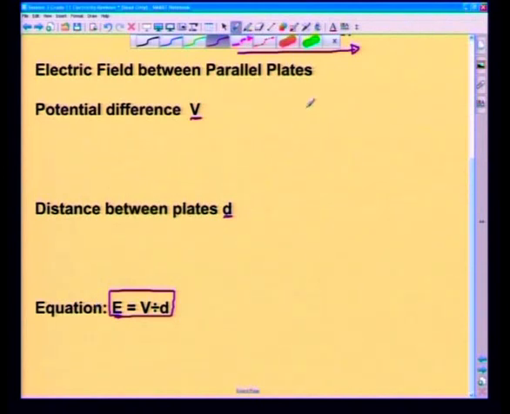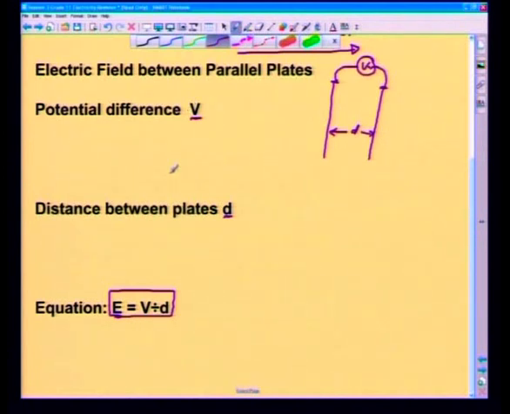Remember, if you have your parallel plates, there will be a potential difference V across the plates. And these plates are a distance D apart. So this is where D comes from, and that is where V comes from.